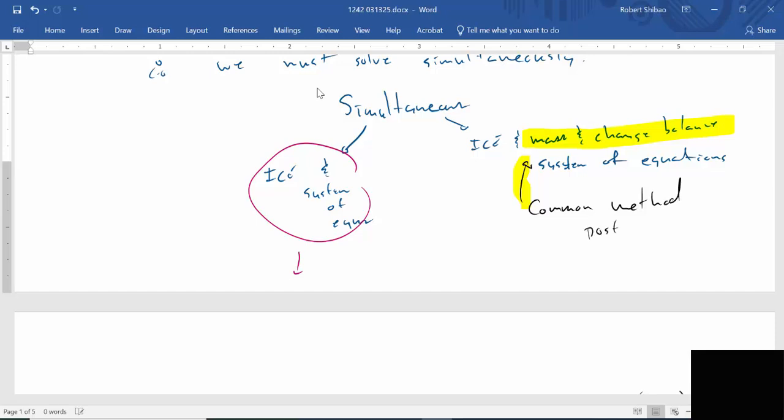I'm going to post this on Canvas, if you're interested. It just is kind of time consuming.